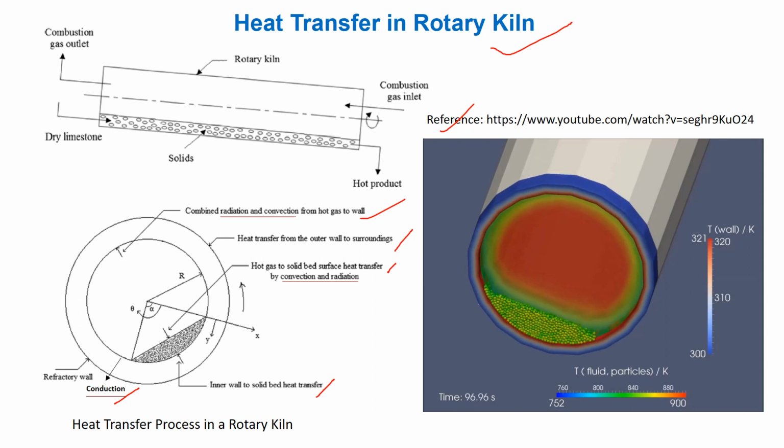The gradual heat transfer towards the bed is the prime objective. An animated view is shown in the figure, where the feed is gradually heated up through different heat transfer mechanisms. Red color indicates maximum temperature, and the feed is being gradually transferred to high temperature.